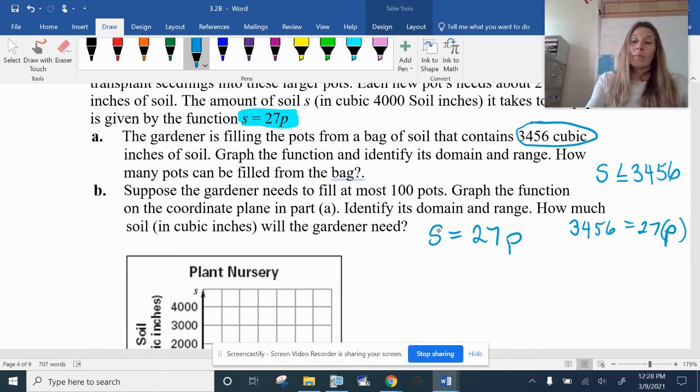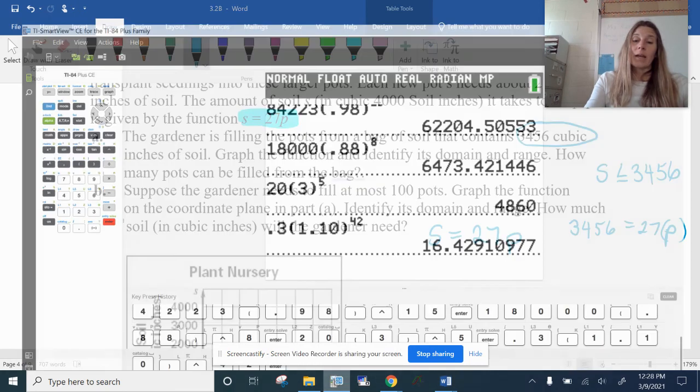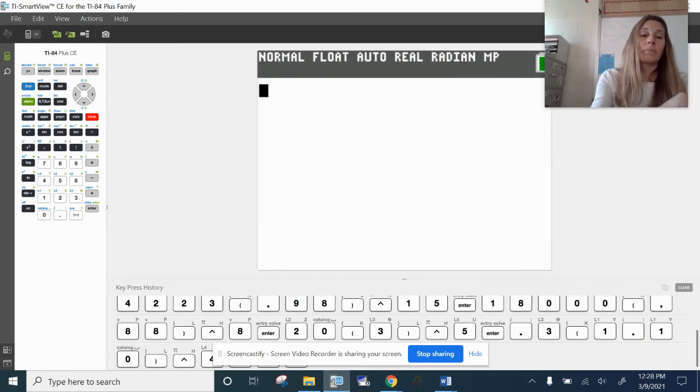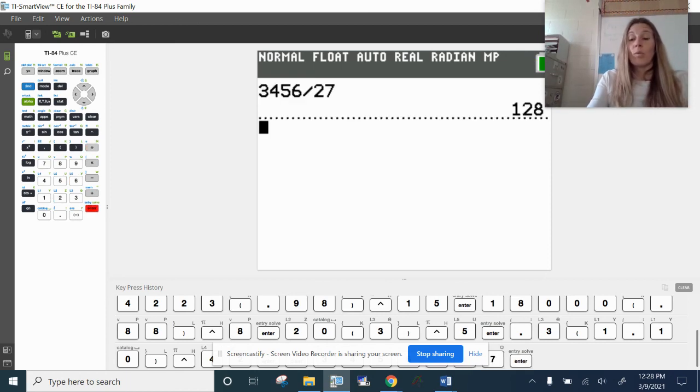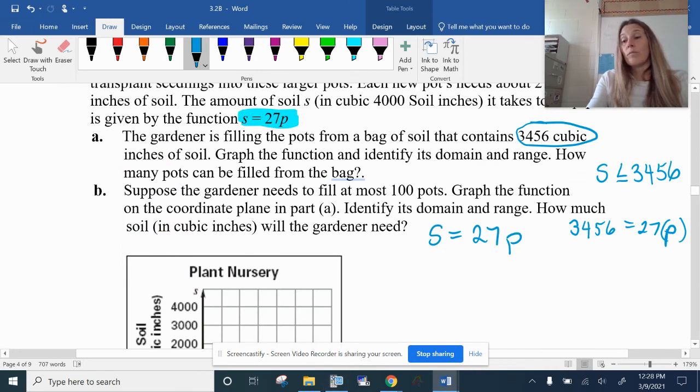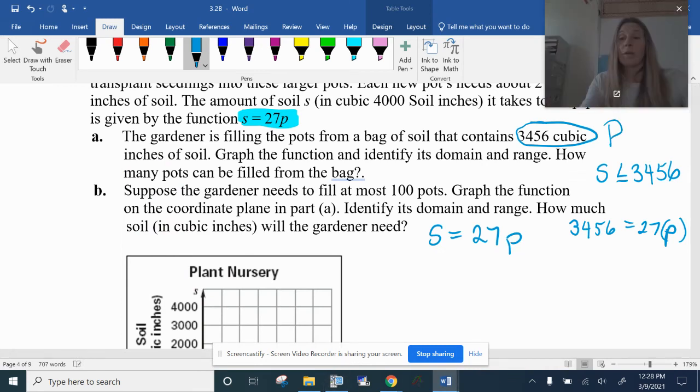So I would have to take my 3456 and divide it by 27. And that's telling me 128. So my domain here, the P value, would have to be less than or equal to 128.